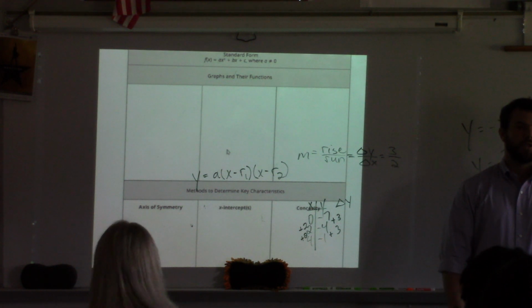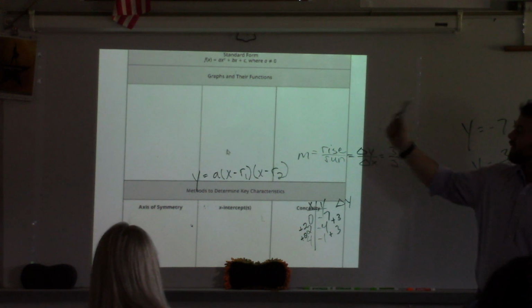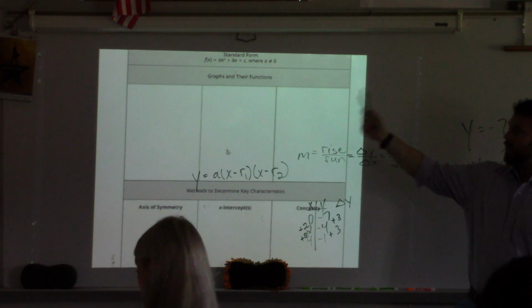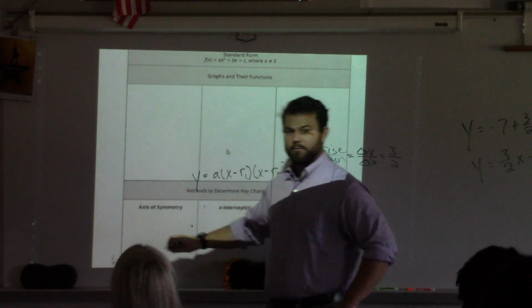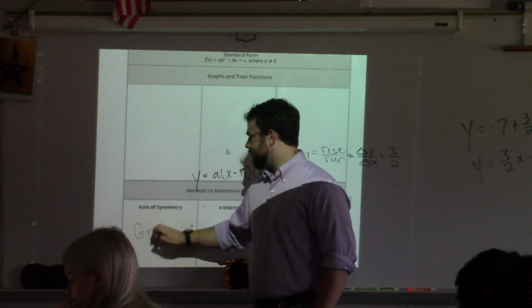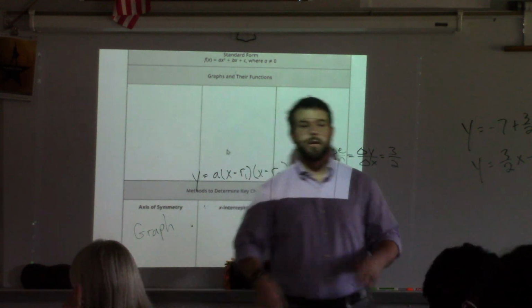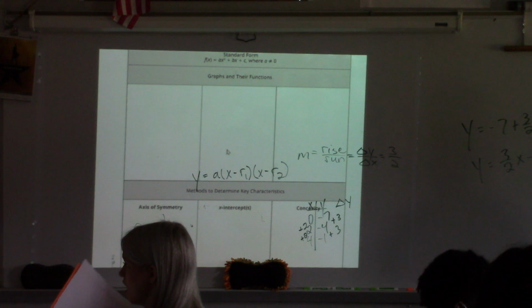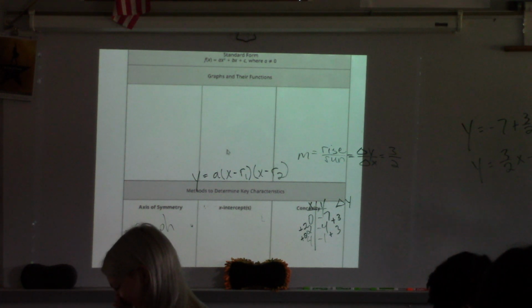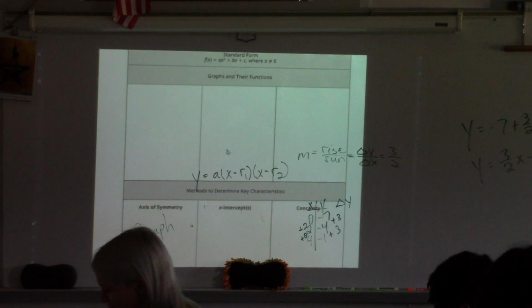No? So what are you going to have to use to identify the axis of symmetry if it's in standard form? This website. Or just in general, a graph. And so that's something to recognize and to write a note about. Hey, if I'm looking for axis of symmetry in standard form, I'm going to have to graph it, right?